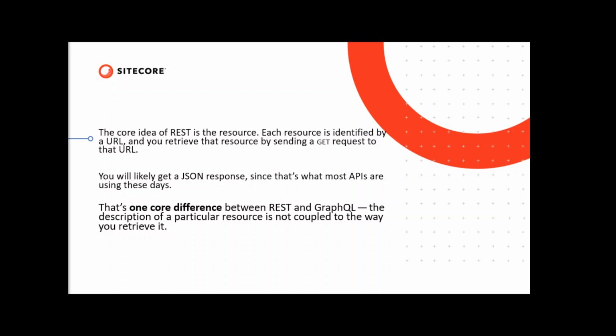So either you send author 13 or author 12 or something for that particular URL, for that particular request, you would get the same response. But for GraphQL, the description of the resource totally depends on the client. Whether you want more fields or fewer fields, it depends on the request that you made.